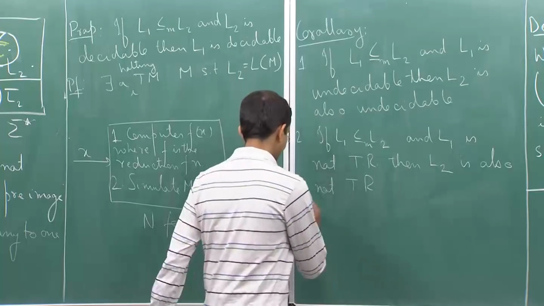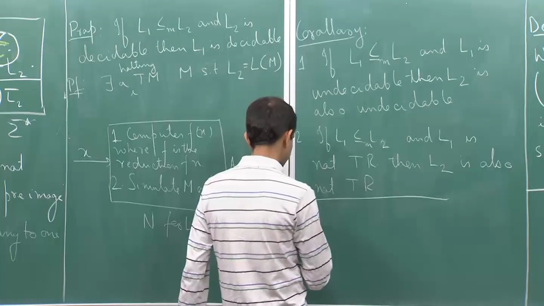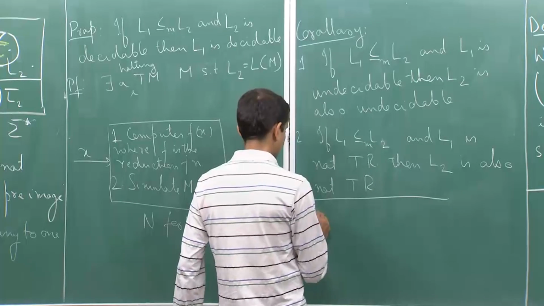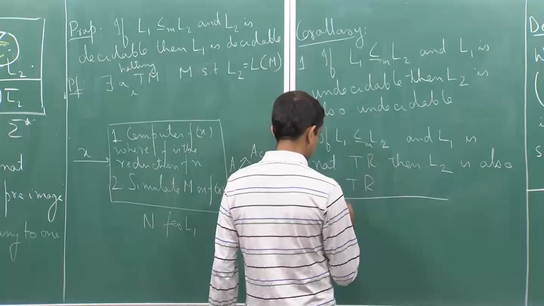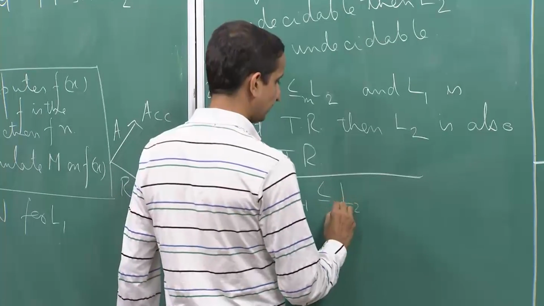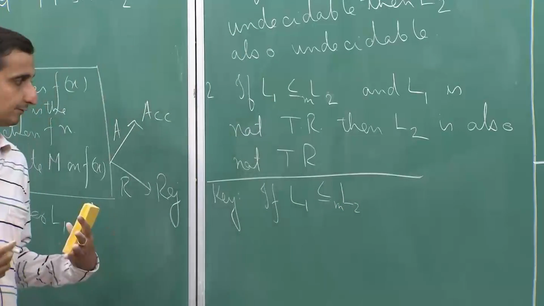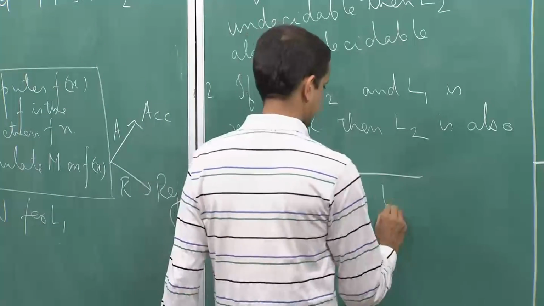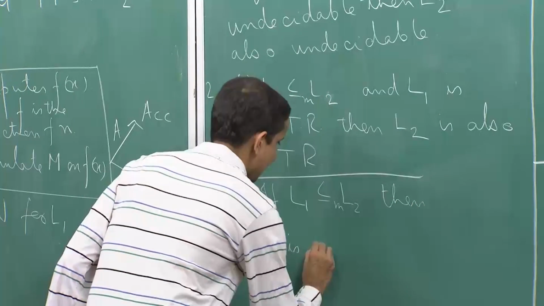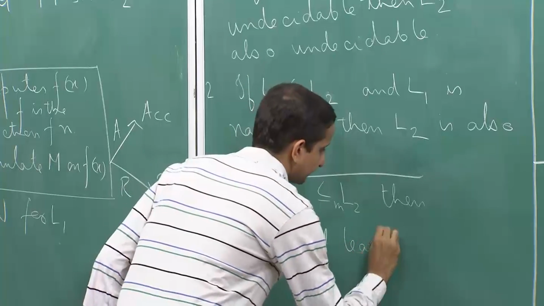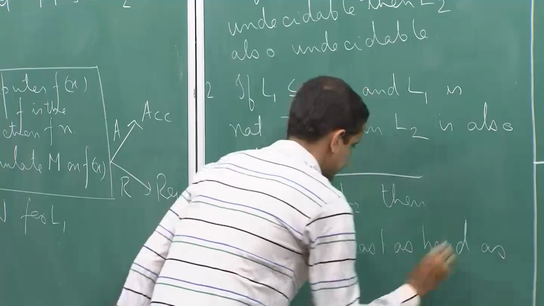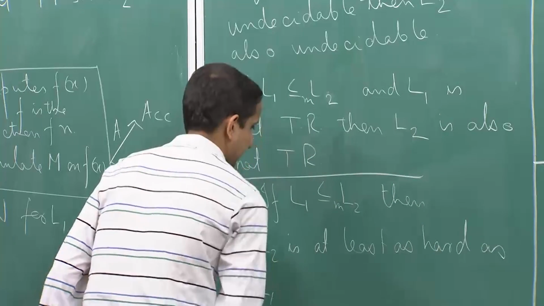The key observation, which you should always remember, is that if L1 reduces to L2, then intuitively L2 is at least as hard as L1.